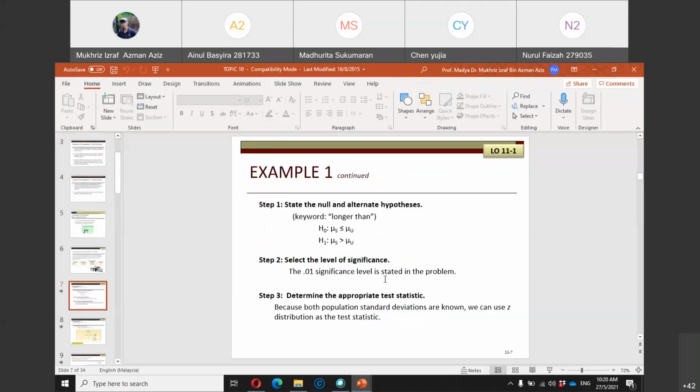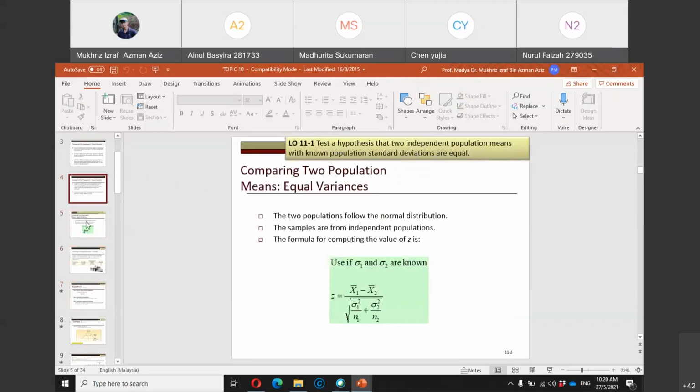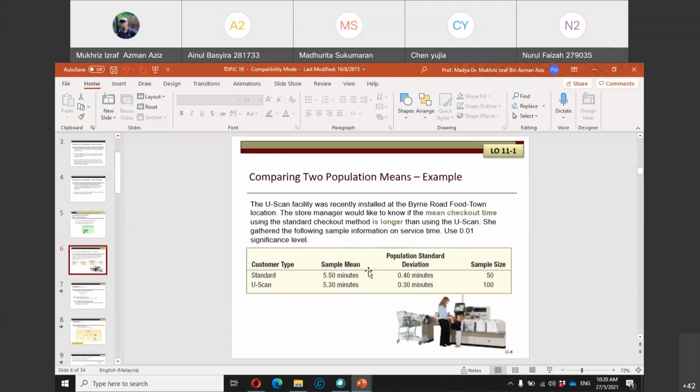First, if you look at this simple example here, the company wants to see the difference in the checkout time.